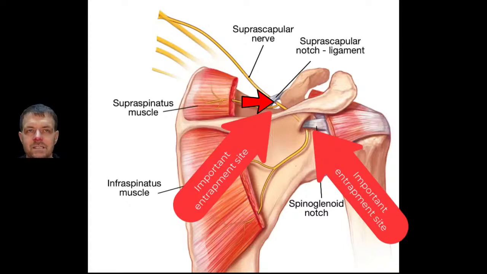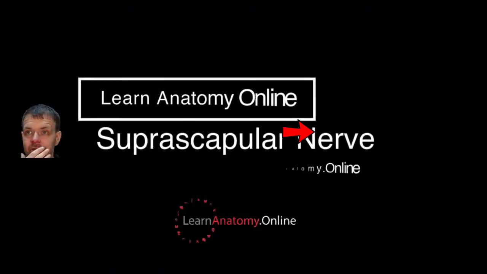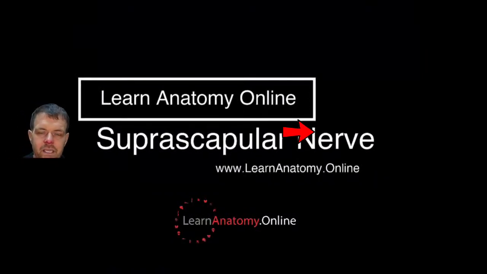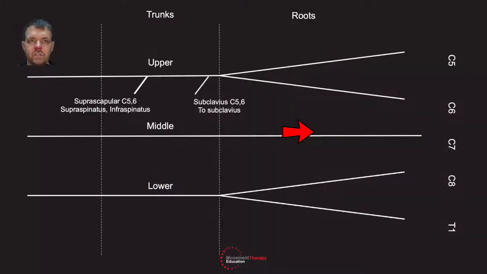Yeah, so this is an important entrapment site, and then another one just there as well. So again, just something clinically to look out for. If someone's lost power in supraspinatus, they can't contract it, or infraspinatus, then there may be an issue with the suprascapular nerve. Okay, perfect. Hopefully that's all good.